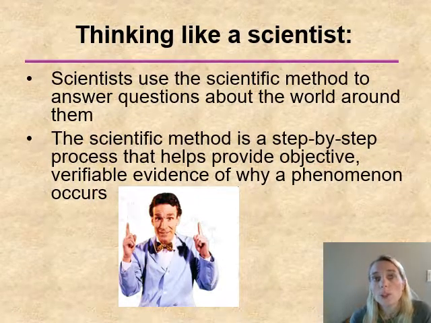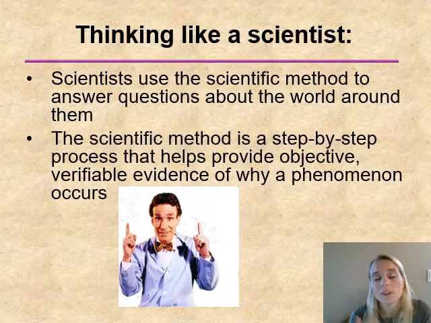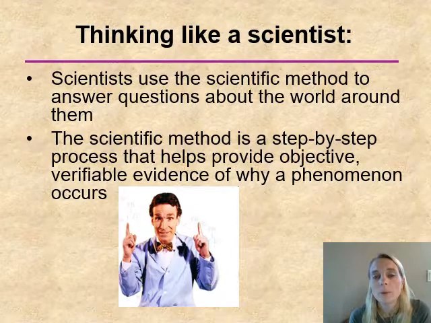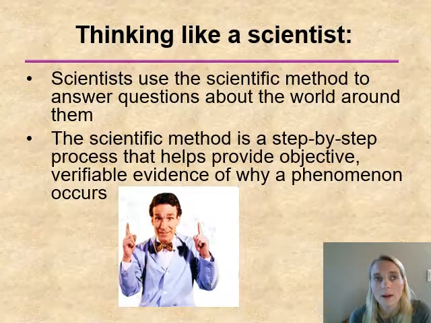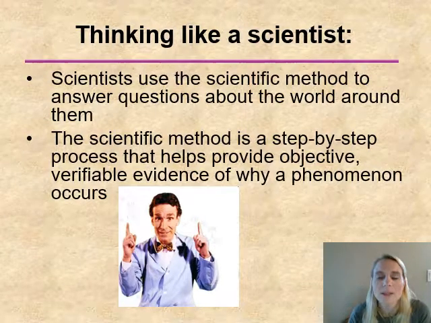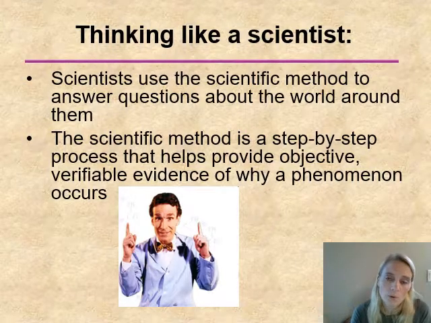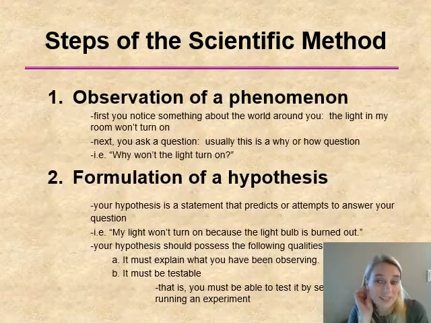So what we want to do when we are thinking about science and studying science is to think like a scientist, to be thinking about things based on evidence, repeatability, the ability to make conclusions that can be supported by further study and further evidence. Usually you do that with a step-by-step process that helps to rule out explanations that don't fit and to hone in on explanations that do fit. So the way that we do this is what's called the scientific method.